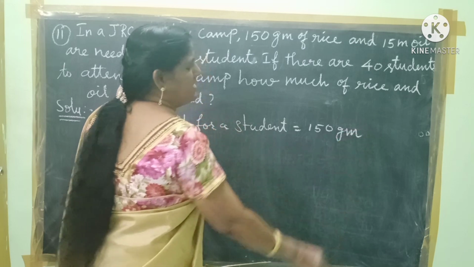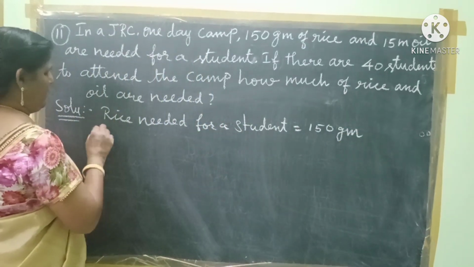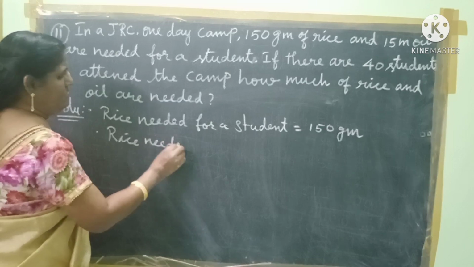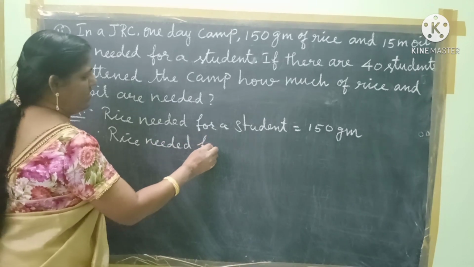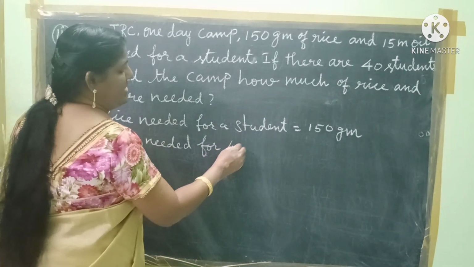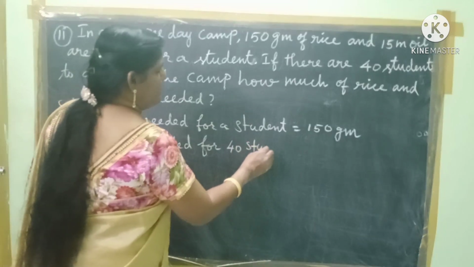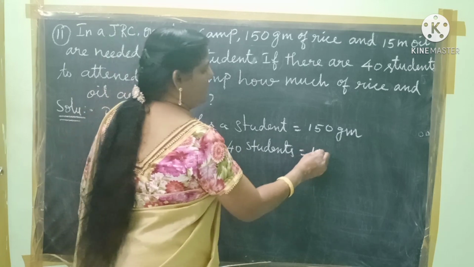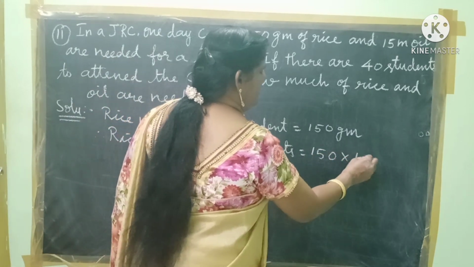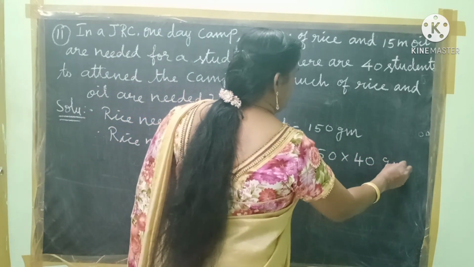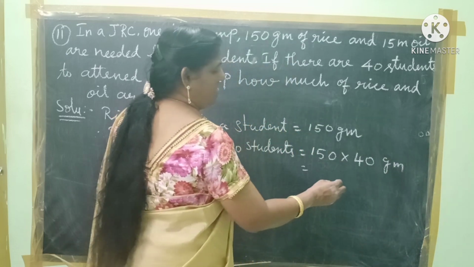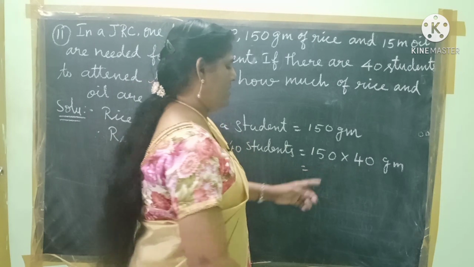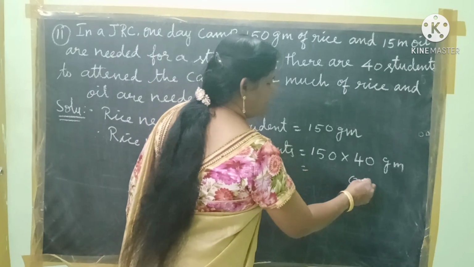Therefore, rice needed for 40 students means multiply. So 150 into 40. What is the answer? First I already told you how to multiply. 0 into 0, 2 0s will come.